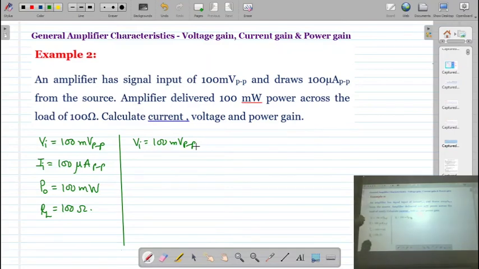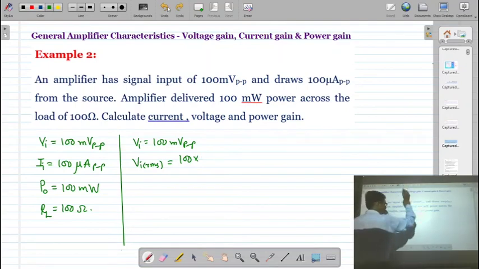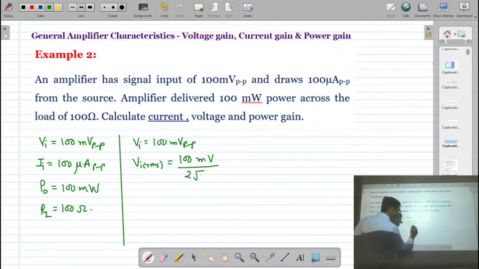Now, to convert this peak to peak value into RMS, VI RMS is 100 millivolt divided by 2√2.